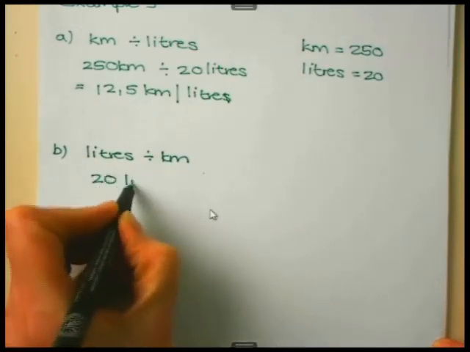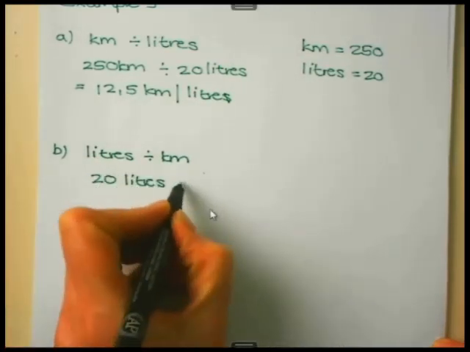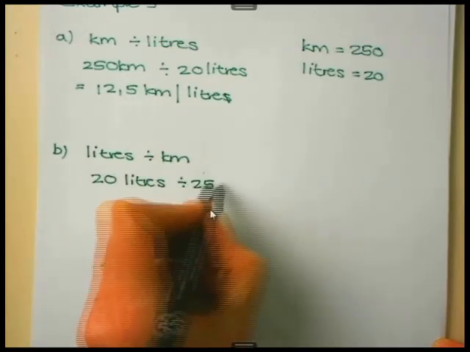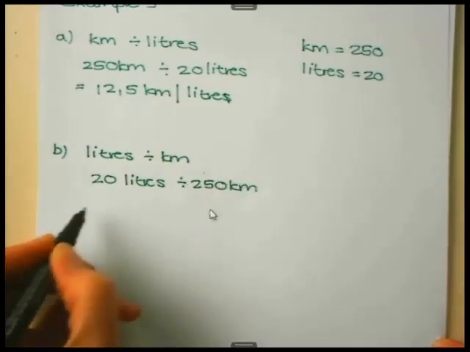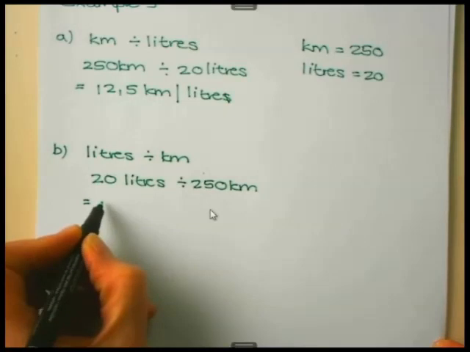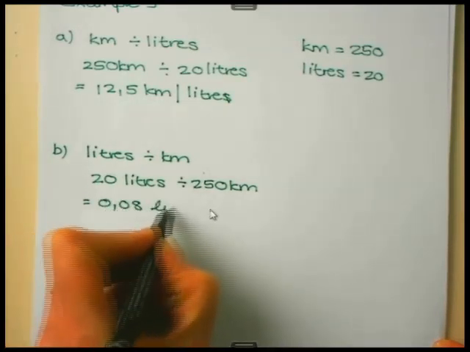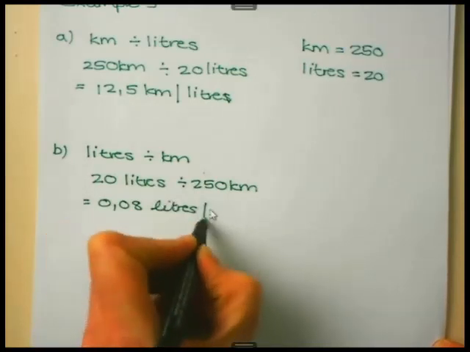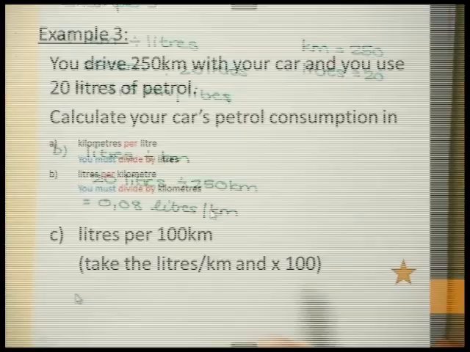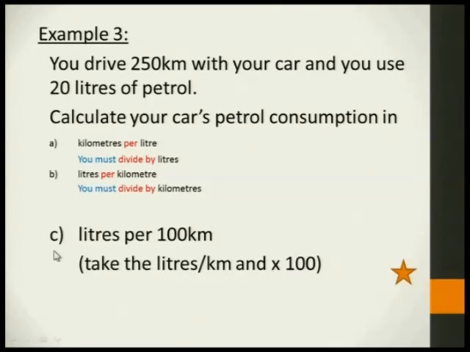So we say 20 liters divided by 250 kilometers. And that gives you an answer, if you work it out in your calculator, of 0.08 liters per kilometer.